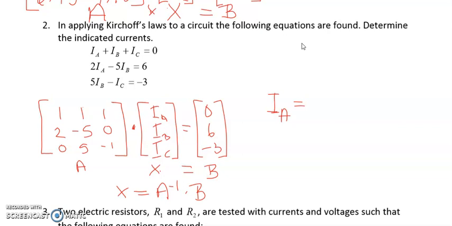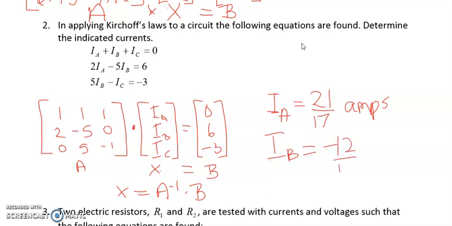Yeah, okay. So 21 over 17. Now that's if you want to give it as a fraction, but again, that's not necessary. I'd probably just use a decimal there. And that's amps. IB turns out to be negative 12 over 17 amps.